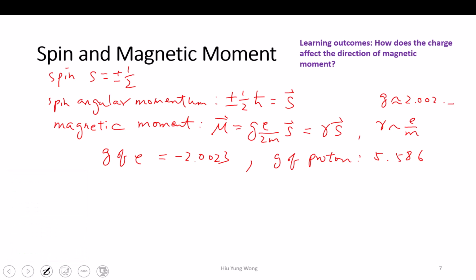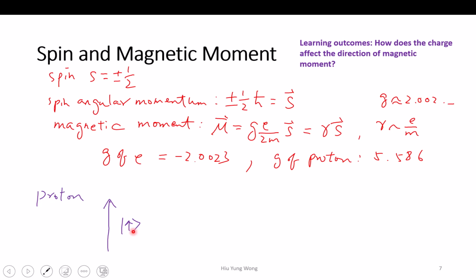Okay, so here is the main point. I say all this, you basically don't need that, unless you want to calculate the magnetic moment. Here is the main point I want to tell you. Now, if I have a positive charge, for example a proton, and it is spinning up, what is the direction of the magnetic moment of the proton?